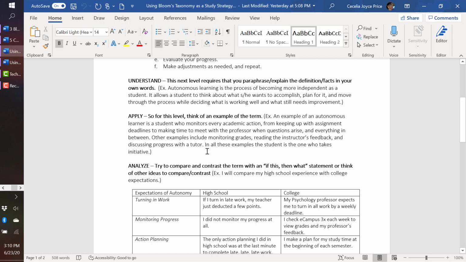Okay? So if I were thinking of this for myself, I would say, okay, I'm going to apply the concept of autonomous learning. I have to work every day at my job from 7 in the morning until 6 at night. I work hard all day long. I don't have time during the day to read my chapter for my class. So what I'm going to do is take an autonomous learner step by getting up extra early.